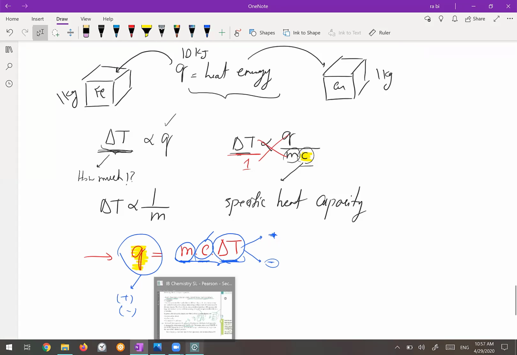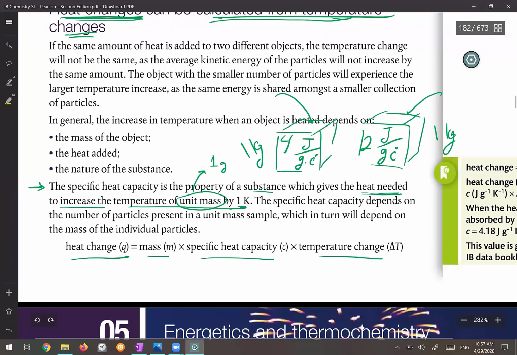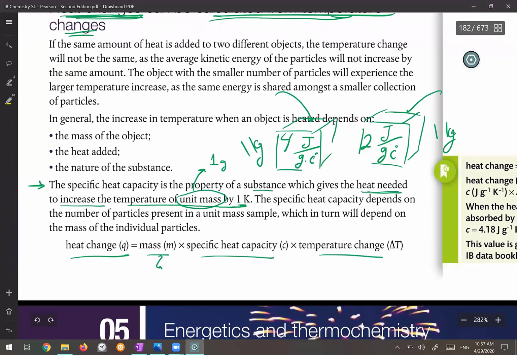Okay, and at the bottom, these equations are given to you. The heat change, Q, depends on the mass, specific heat capacity, and temperature. Okay, the units of them are important. The mass is in gram. The specific heat capacity is joule per gram per Kelvin or per degree centigrade.